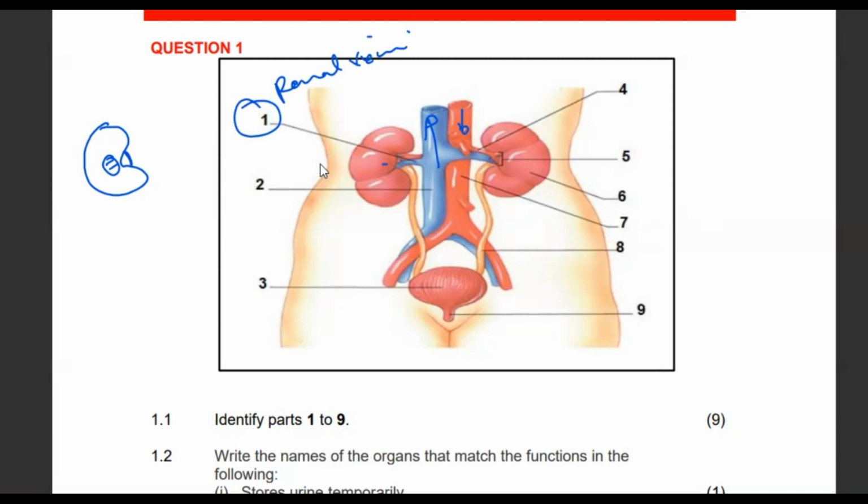Yes. Number 2, what is number 2? Look, remember the blood vessel which takes blood to the heart is called a vein.